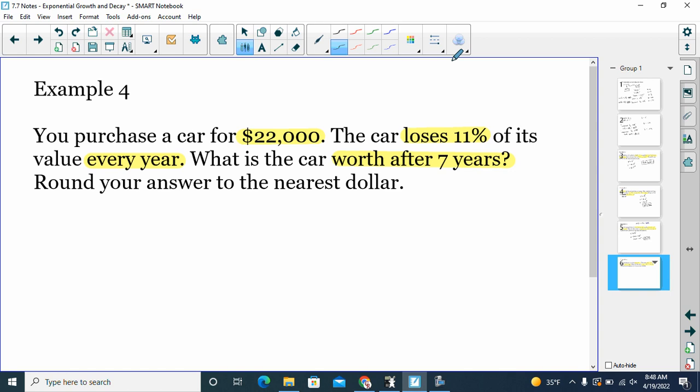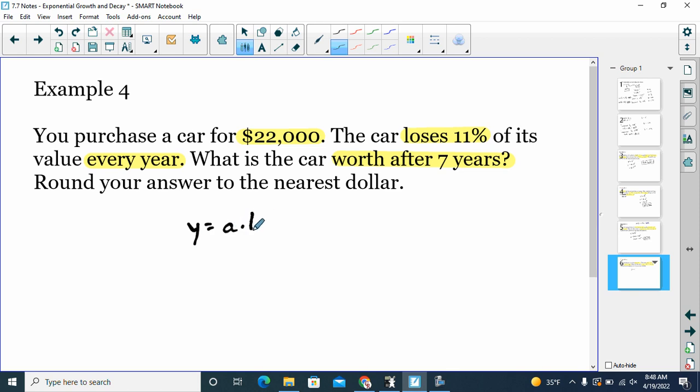We're going to round our answer to the nearest dollar. A car gets purchased for $22,000. That is going to decrease by 11% every year. We need to know the value of the car after 7 years, rounded to the nearest dollar.